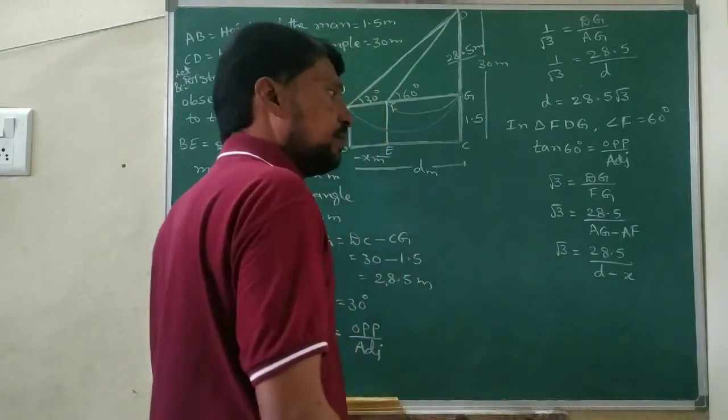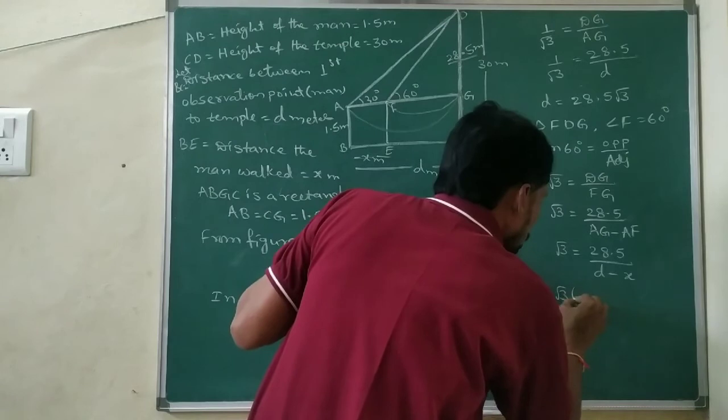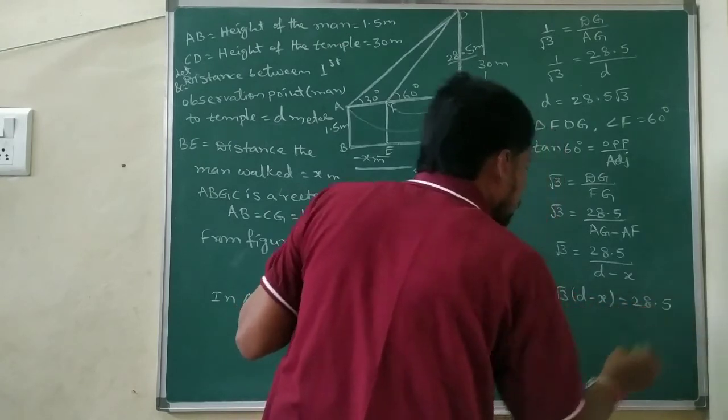Now we can take the cross multiplication. We get root 3 into D minus X equals 28.5.